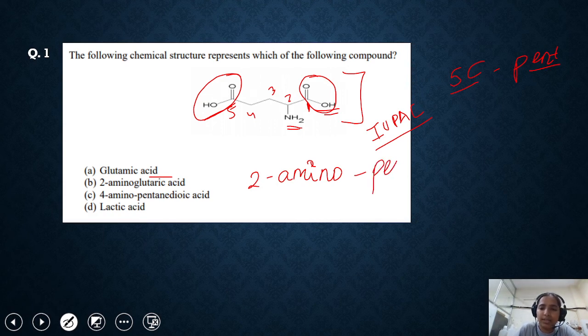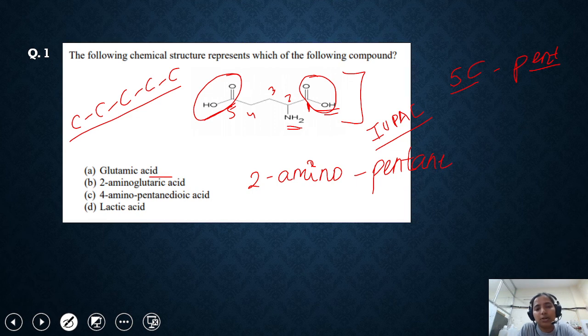There is no double bond in the carbons; in all 5 carbons there are single bonds, so that is pentane. Dioic, because both sides have carboxylic acid. So we name it 2-amino pentane dioic acid.